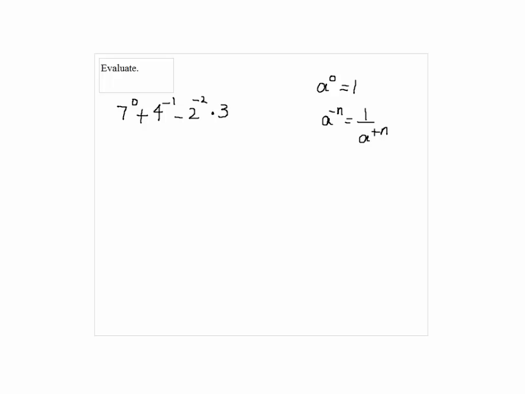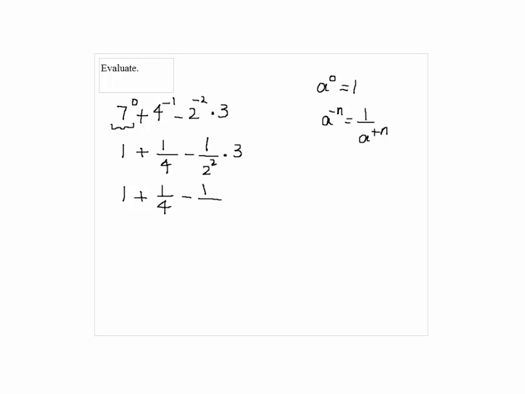A to the power of minus n is equal to 1 over a to the power of plus n. So 7 to the power of 0 would be equal to 1. 4 to the power of minus 1 would be equal to 1 over 4 to the power of 1, or 1/4. 2 to the power of minus 2 would be 1 over 2 to the power of 2, positive 2, times 3.